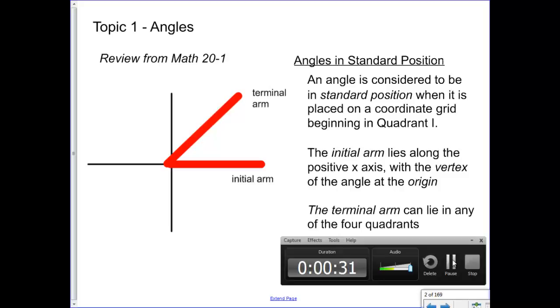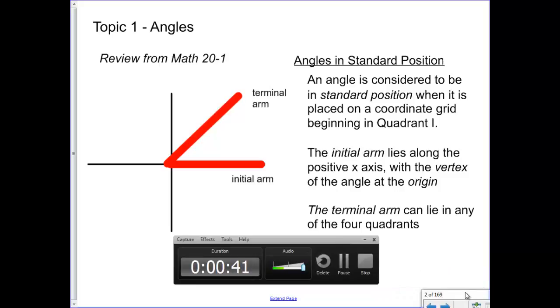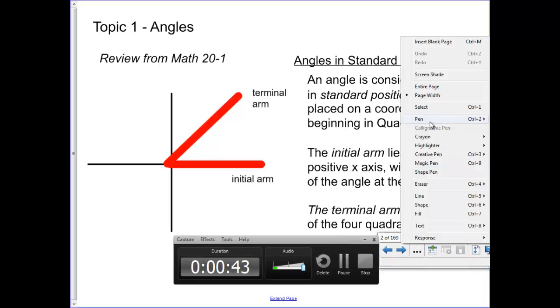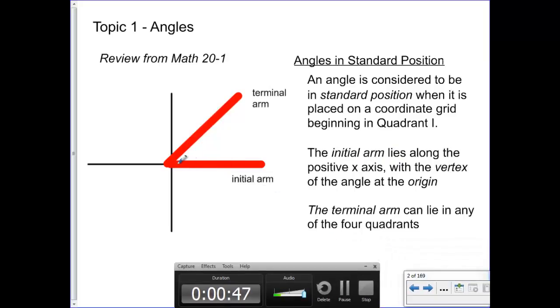So let's start with some review. One of the things that we worked on a lot last year in the trig unit was angles in standard position. And for those of you in my physics class, we use that concept a lot. If something's in standard position, it means that one of the sides of your triangle is along the positive x-axis.